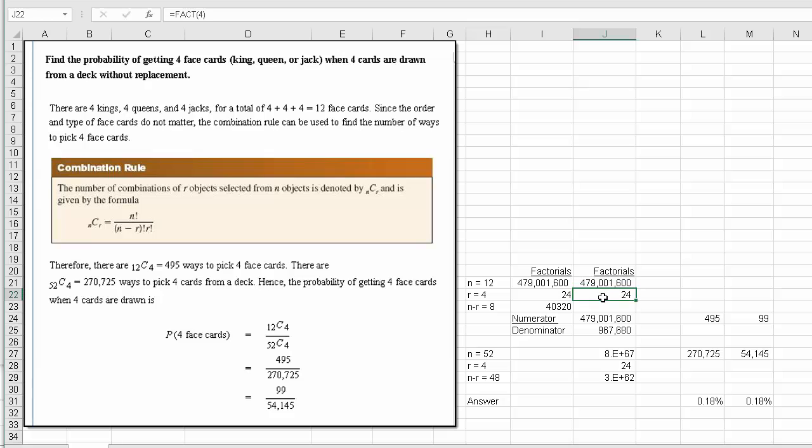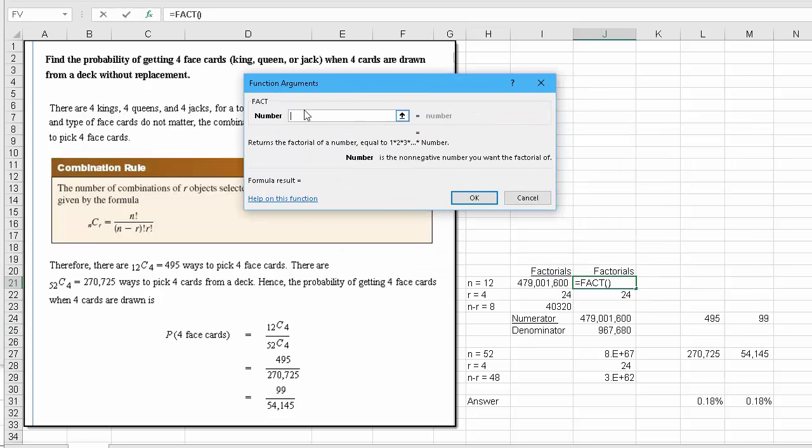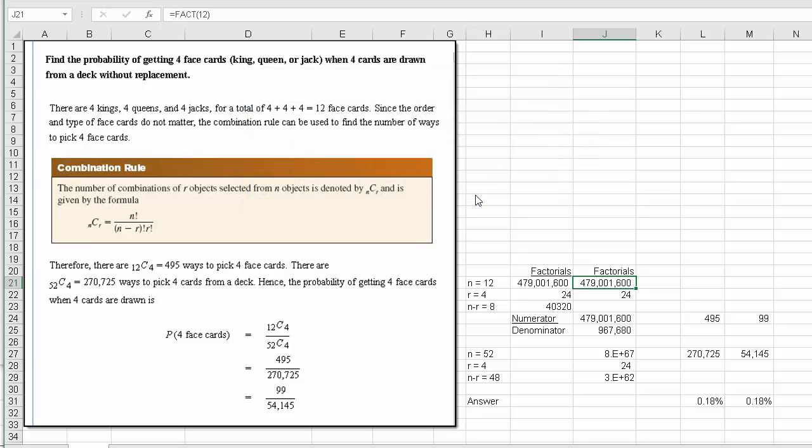So what you would do is enter equals FACT, left parenthesis, and then put in the number. In this case, it was 12. Okay? And that will give you the answer. We're doing the same thing with 4. You can do it the slow way, 4 times 3 times 2 times 1, or you can enter equals FACT and put a 4 in it.